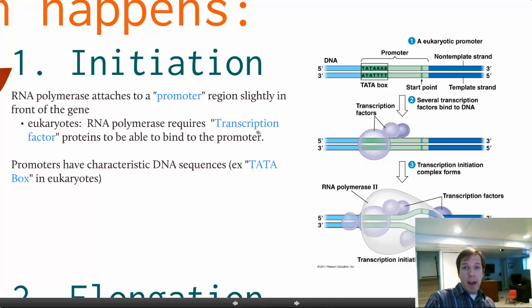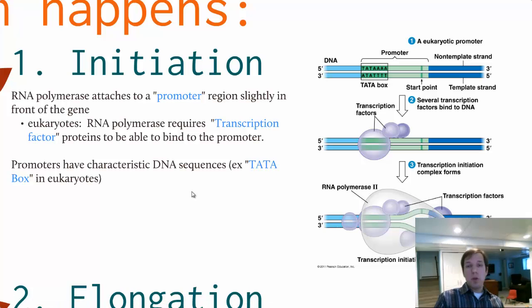A transcription factor is going to be proteins that are going to help the RNA polymerase to attach to the actual DNA. And the reason why transcription factors are needed is because the cell needs to regulate when certain proteins need to be made. Because every cell is capable of making every protein, but only some proteins are needed by skin cells versus, say, a nerve cell.